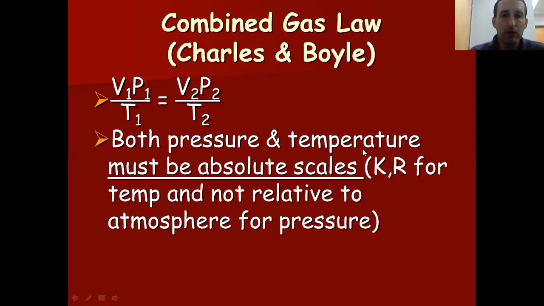When we do this, both the pressure and the temperature have to be using the absolute scales. We already talked about that for Charles' law, what that means for temperature, that we use Kelvin or Rankine, and that we not use relative pressure for our pressures, right? It's very, very common for people to talk about something being pressurized slightly above atmospheric or slightly below atmospheric pressure. That is not acceptable in this case.